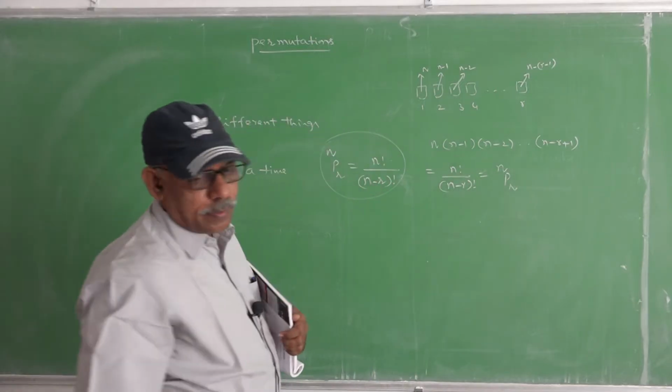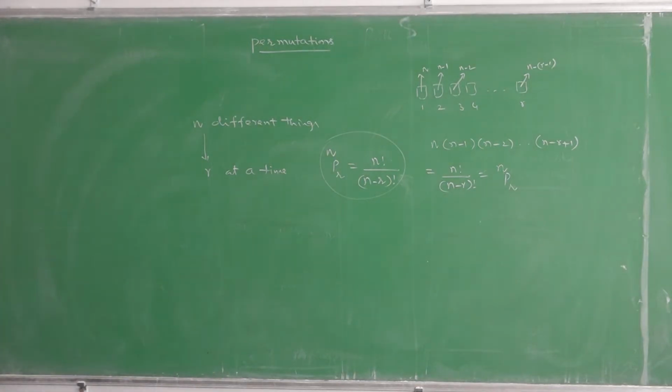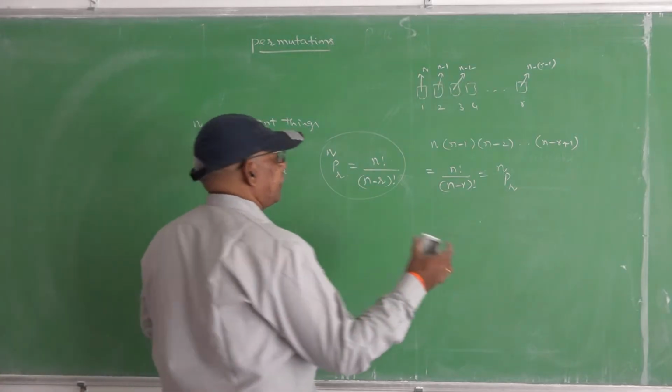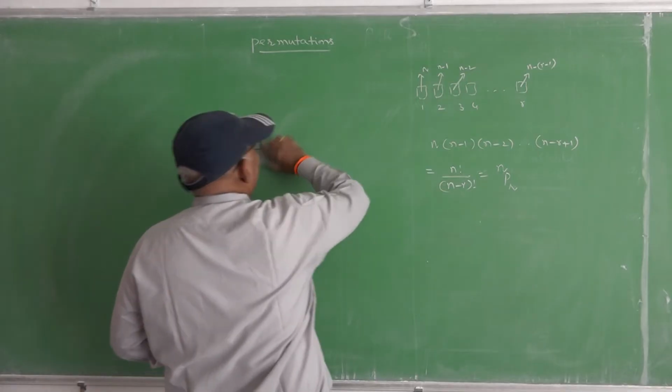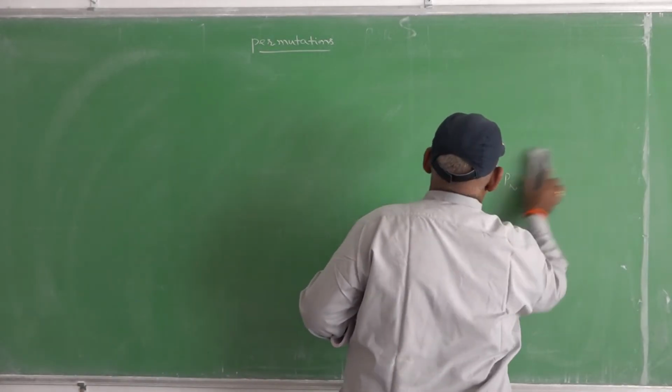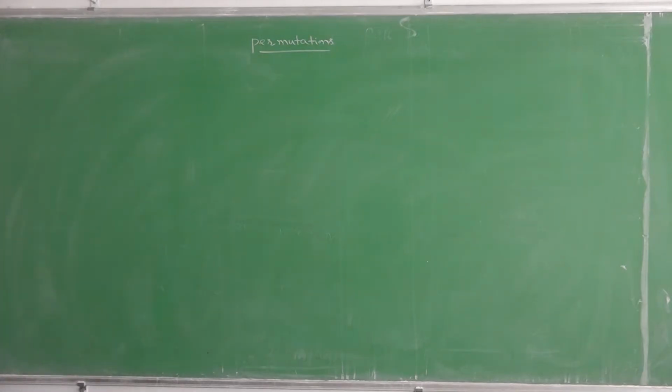So that is the notation for arranging r dissimilar things taken out of n dissimilar things in a row. nPr stands for the number of permutations of r dissimilar things taken out of n things.